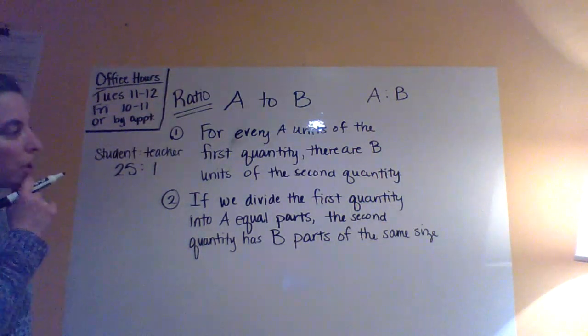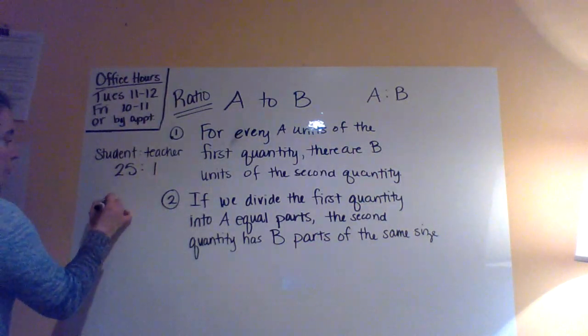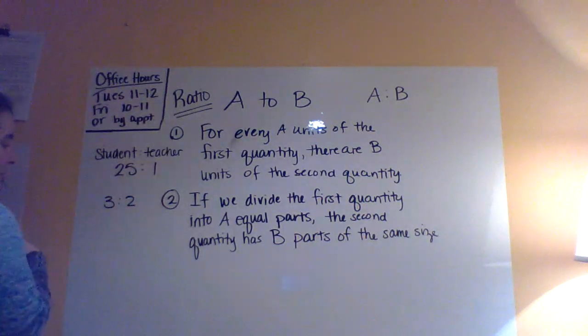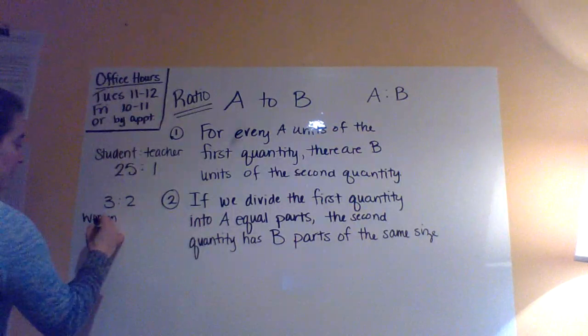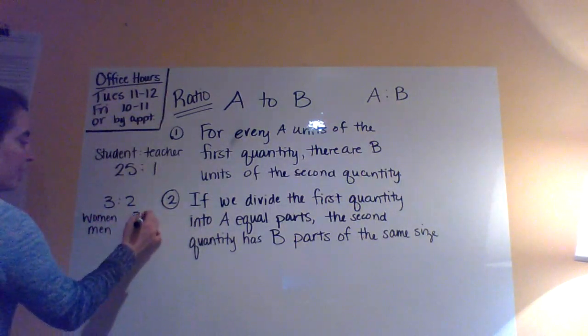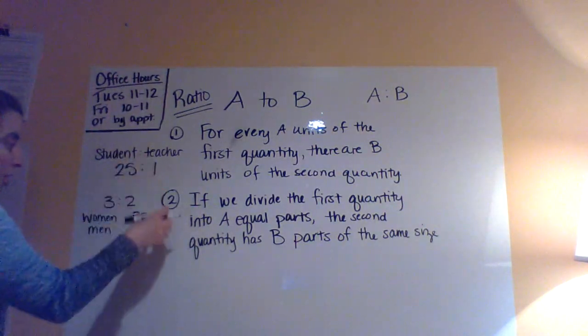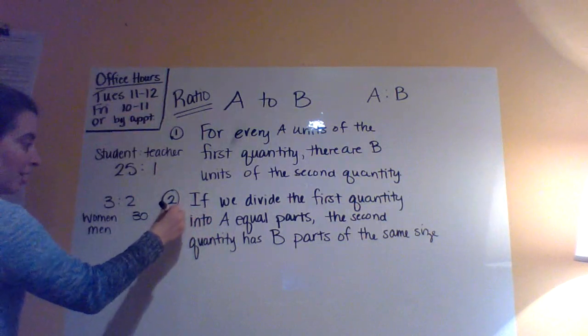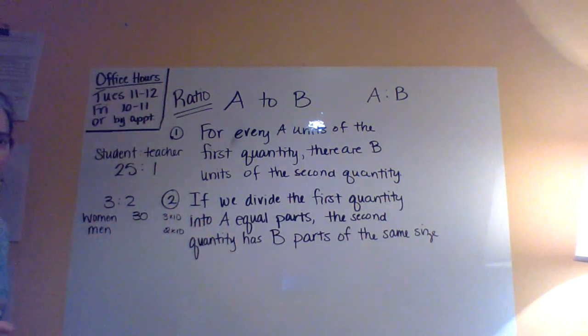Okay, so if we say the ratio is 3 to 2 for, let's say, women to men at a certain event, and we know that there are 30 women, if we divide this quantity by 3, then there are 3 equal parts of 10. Well, then that means this must be 2 equal parts of 10. They're broken up into the same size pieces. And we'll see that more in a little bit when we do some examples.